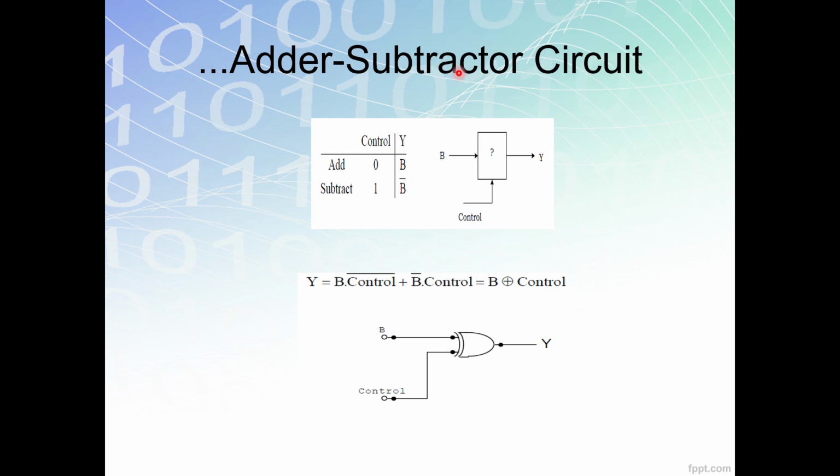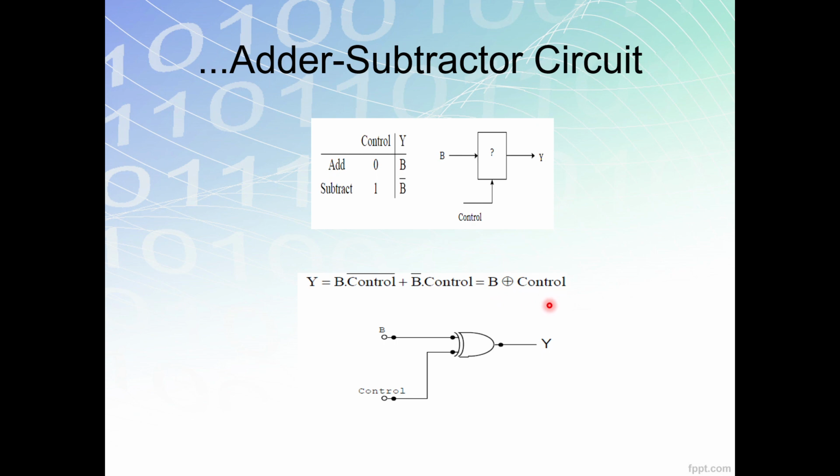Therefore, we can write the expression as y equals B dot control bar plus B bar dot control, which is actually B circle plus control.